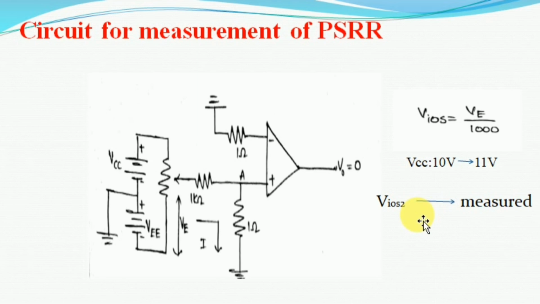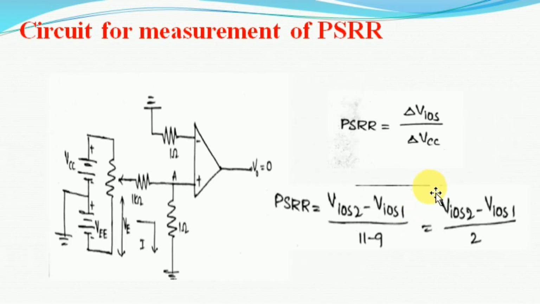Now note down these values of VIOS1 and VIOS2 and simply substitute in the formula. That is, delta VIOS by delta VCC, that is (VIOS2 minus VIOS1) by (11 minus 9). So this PSRR value is (VIOS2 minus VIOS1) by 2, which gives the value practically.